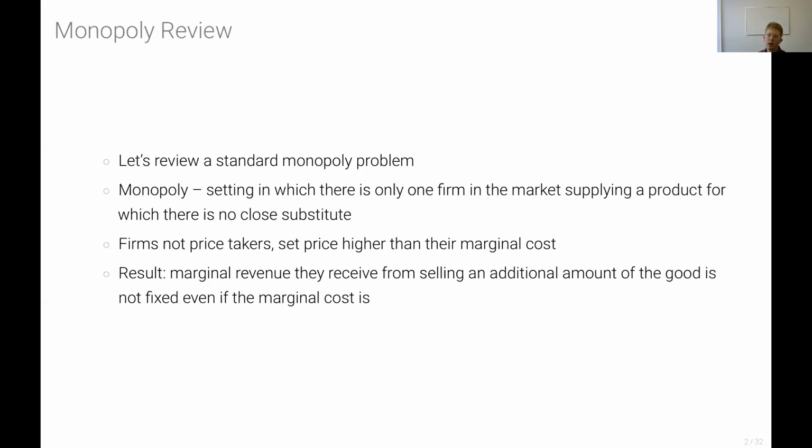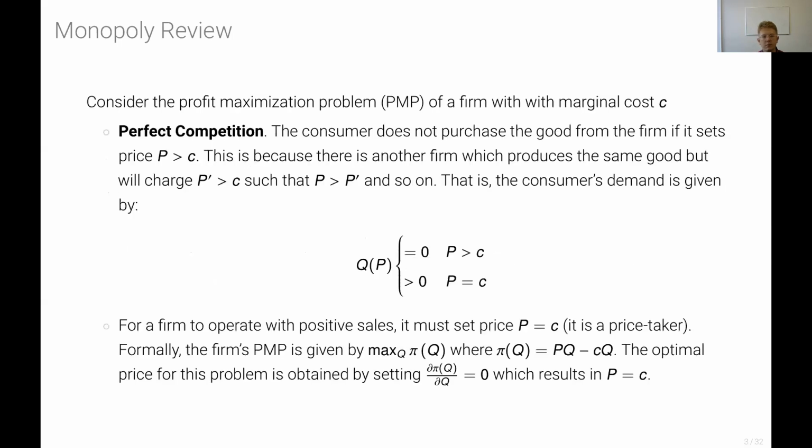They're potentially going to set a price higher than their marginal cost. So what's the result? If consumers have a given downward sloping demand, then the marginal revenue that a monopolist receives from selling an additional unit of the good is not fixed, even if their marginal cost is.